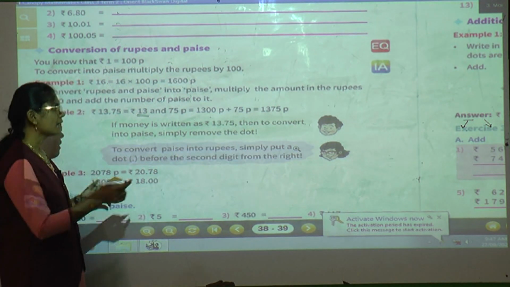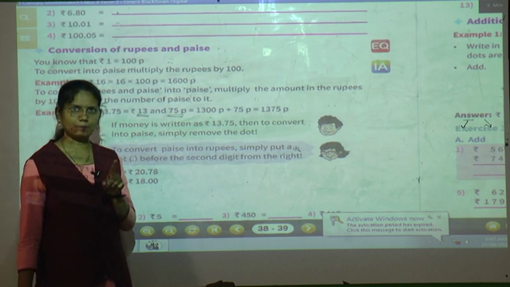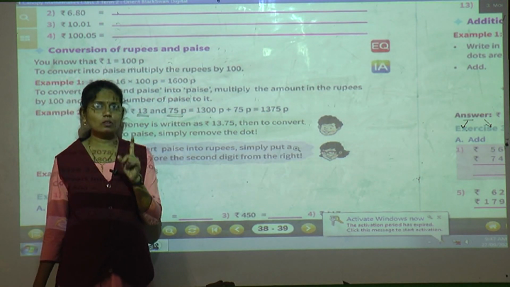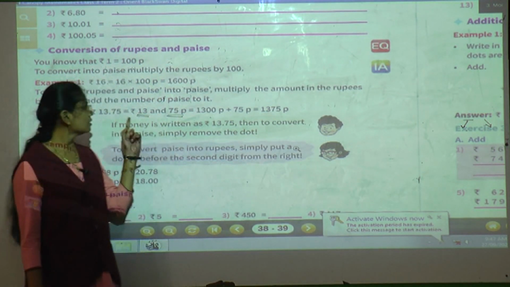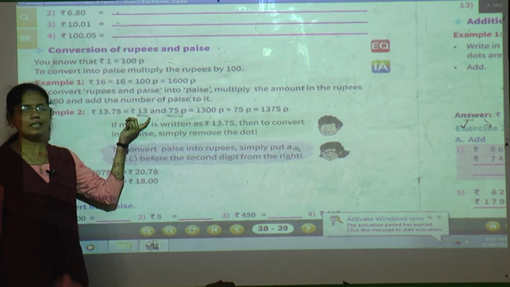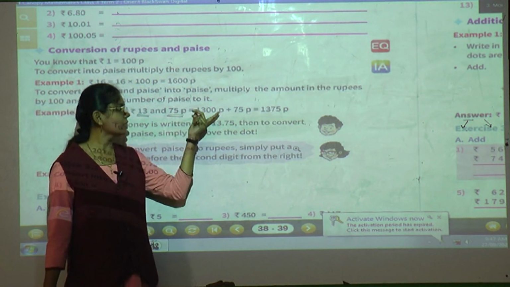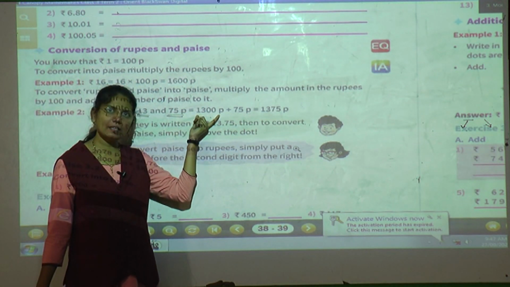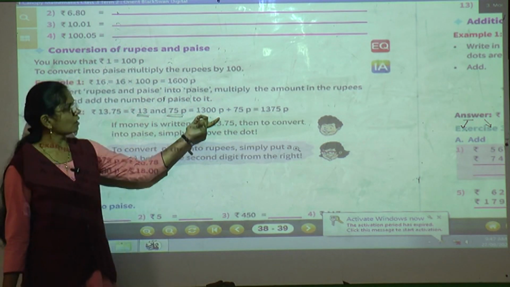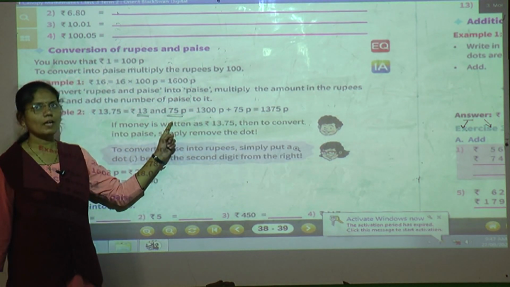Then to that we just have to add these 75 paise, because we have converted the 13 rupees into paise. So here we got 1300 paise, and to this 1300 paise we add the 75 paise.